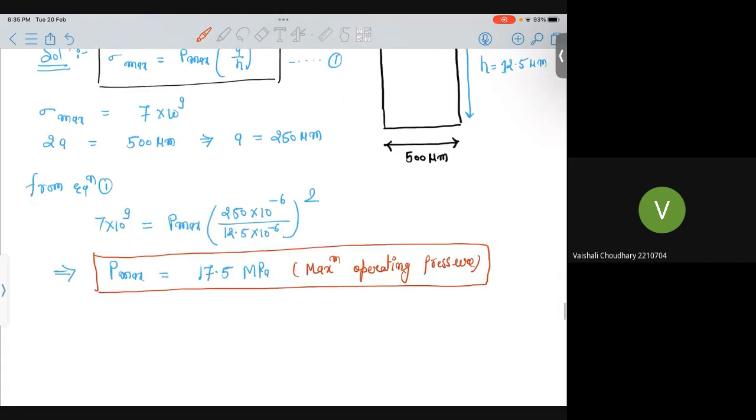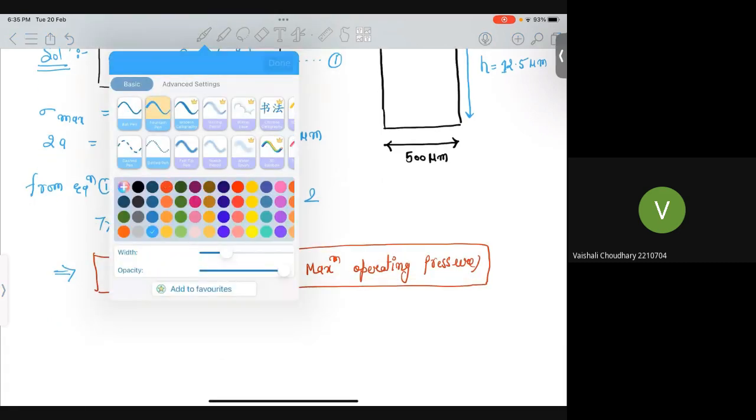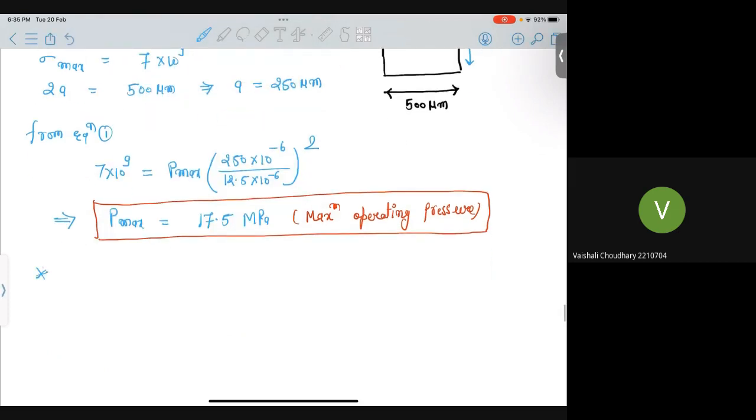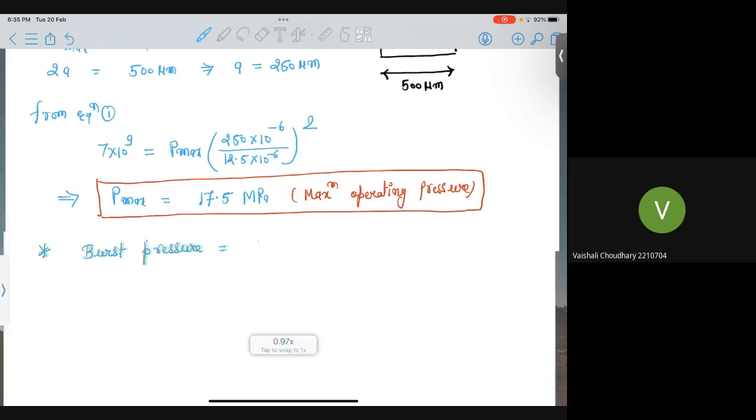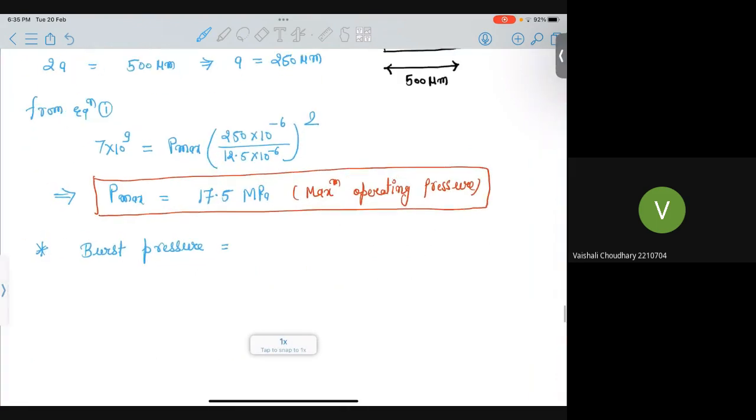Now in the problem they are also asking what will be the burst pressure, right? We know burst pressure is 5 times the maximum operating pressure.